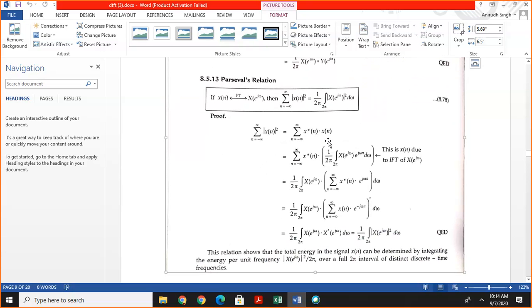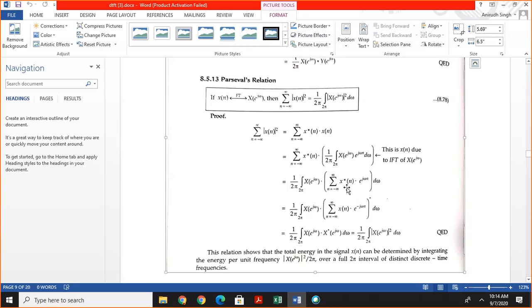Then we substitute the value of x of n by the IDTFT, and if we take 1 by 2 pi and X of e^{j omega} out of this summation sign, we get this expression.